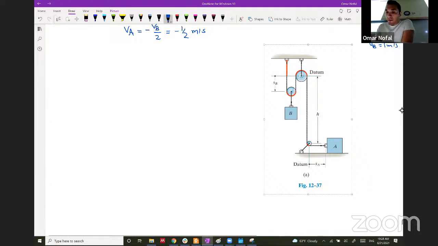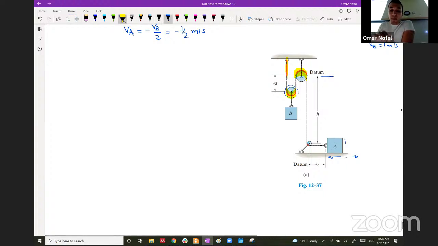As I told you, you will identify a datum and then you will measure what the variable locations are. So you know that this pulley is free at this location. It's free. And you know this pulley is fixed at this roof, so it's not free. And you know that this body A can move, like goes like this or like this, depending on how the motion looks. So what are the constant lengths? If you take this datum, you know that this red area is constant and this part is constant and this part is constant. So all of these are constant.